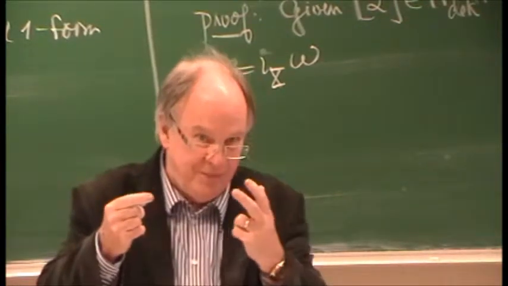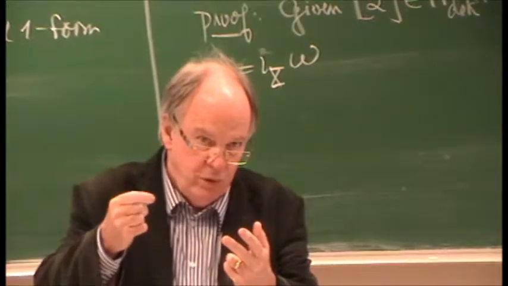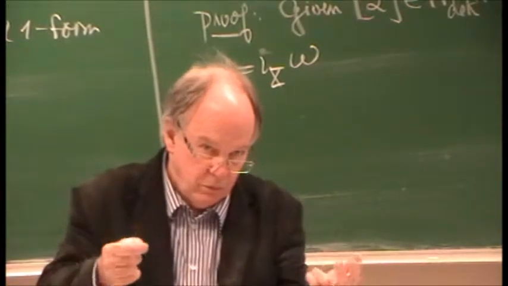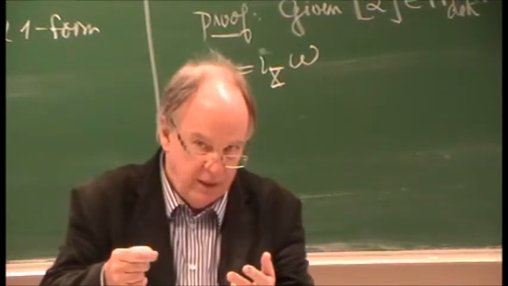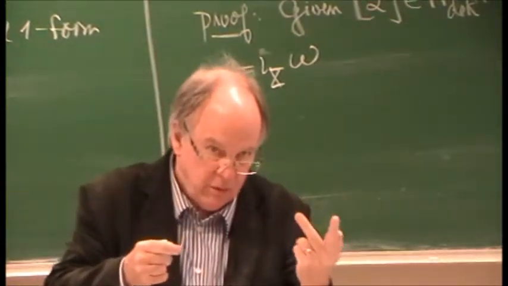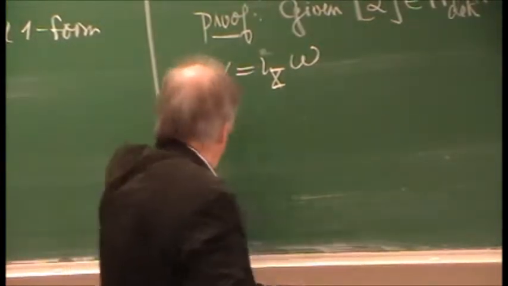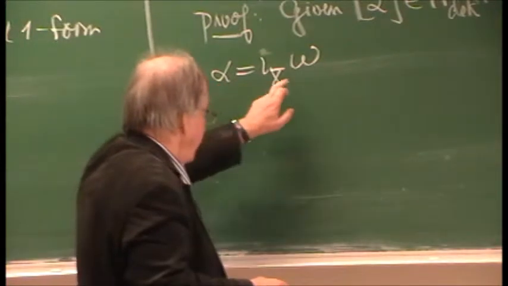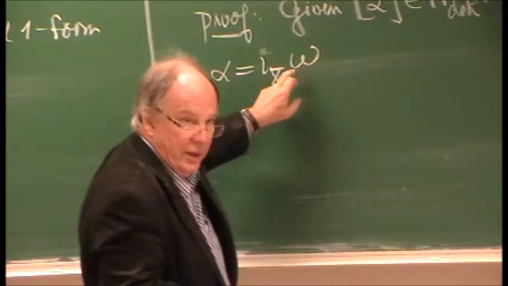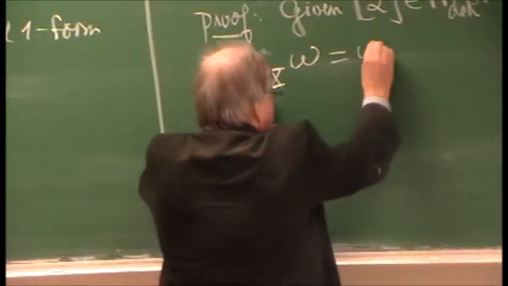It's non-degenerate. That means you can view it as a pairing between vectors and covectors, right? Because a one form, in the sense of at a point, is a covector. So this says that every one form is realizable by omega as contraction with a field. So don't forget, this is the pairing.